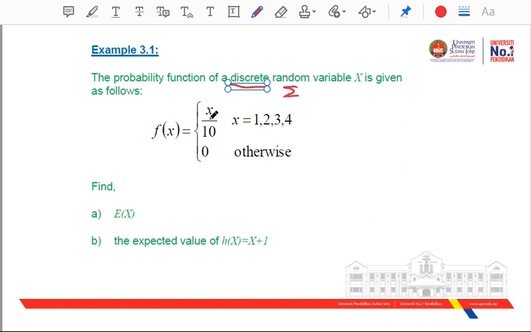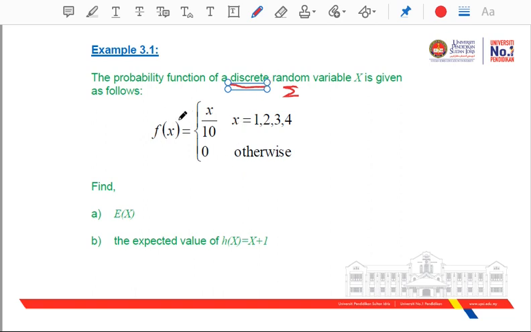The question is f(x) equals x over 10 for x = 1, 2, 3, 4. Remember, this is discrete, that's why you can use x = 1, 2, 3, 4. If they give you the interval x between 1 to 4 inclusive, the values are still 1, 2, 3, 4, because you know that this is discrete.